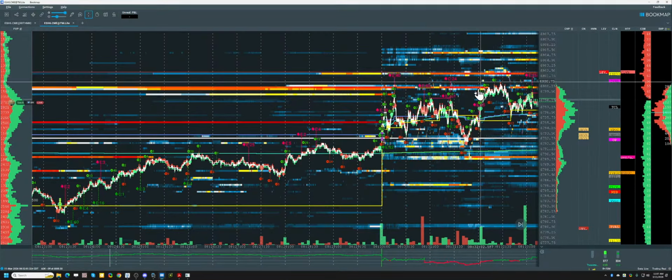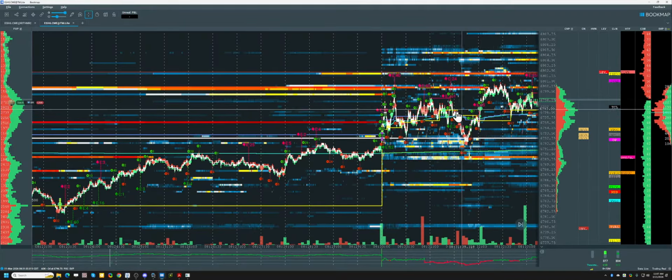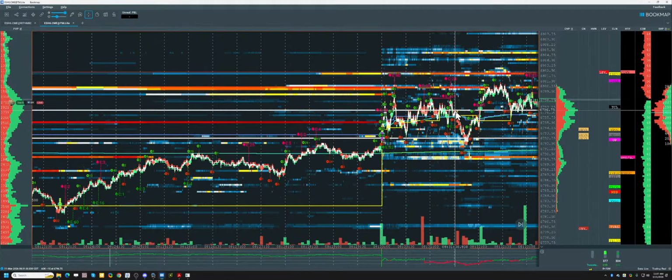This is the open. Now where's my other liquidity? It's here. So what happens here? I interact here. I get VPOC migration. And this is because it's balance. It is a bit, as we say, funky. Two-sided trade. So when I know I'm in balance, I anticipate two-sided trade.